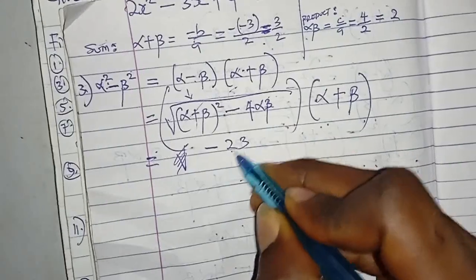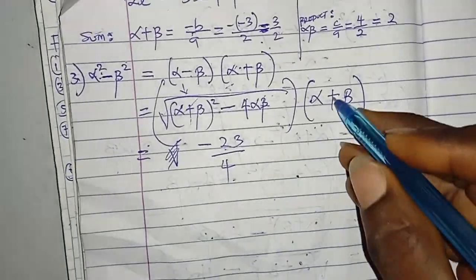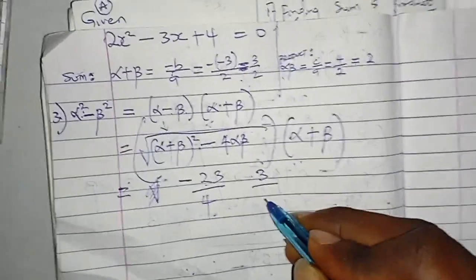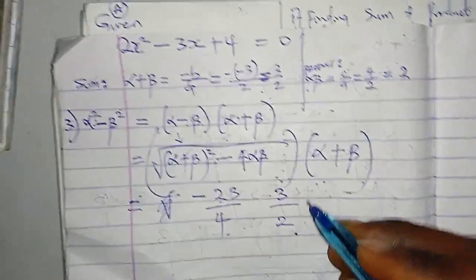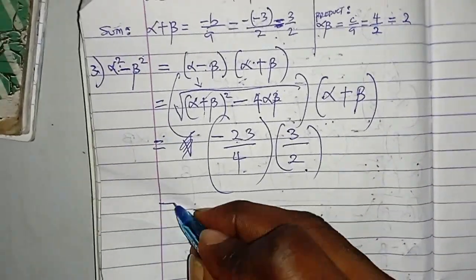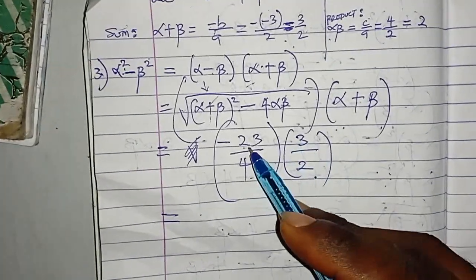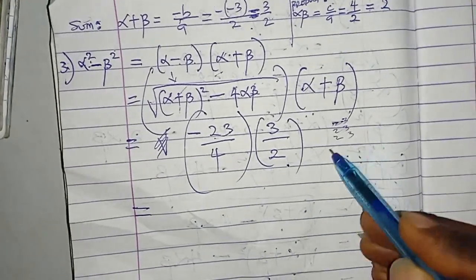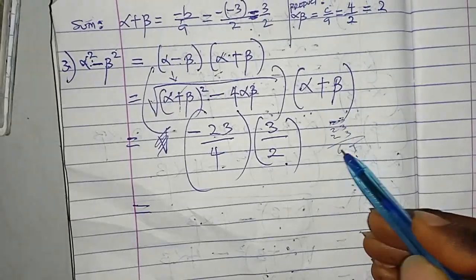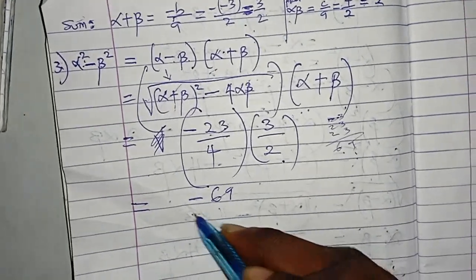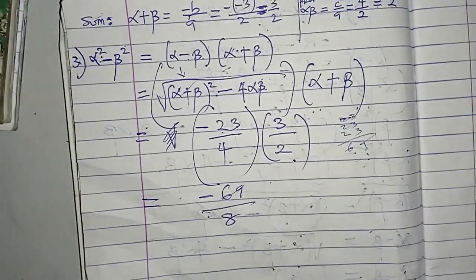Minus 23 over 4, then alpha plus beta gave us 3 over 2. So just multiply it. 23 times 3 is 69, and 4 times 2 is 8. So you have minus 69 all over 8.